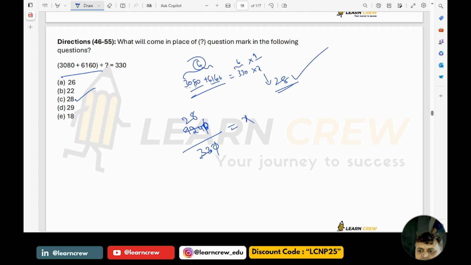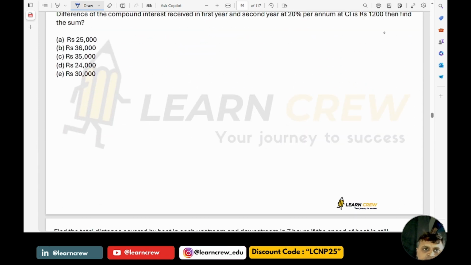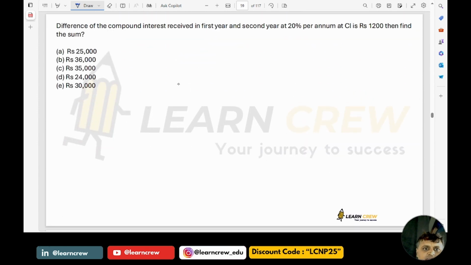Now next. The difference of the compound interest received in the first year and second year at 20% per annum is 1200. Then find the sum. See here, the first year is 20%, the second year on 20% would be 4.